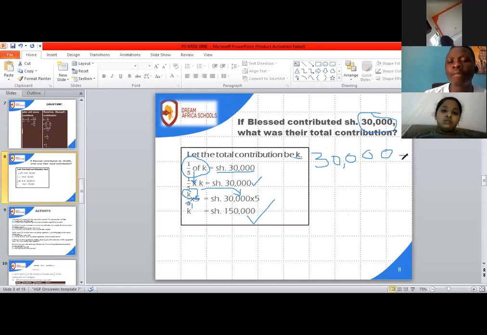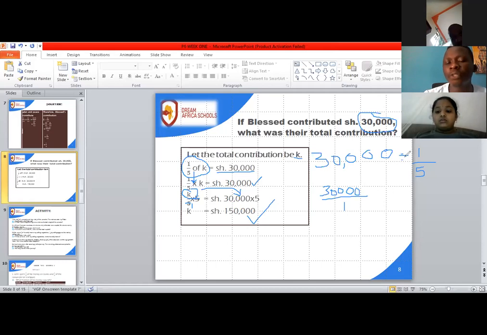Obviously, we know that Blessed's fraction there was 1 out of 5. So what do we do at the next step? At the next step, we know that this 30,000 here will be maintained, whereby 30,000 will also be expressed as a fraction, and that will be out of 1.